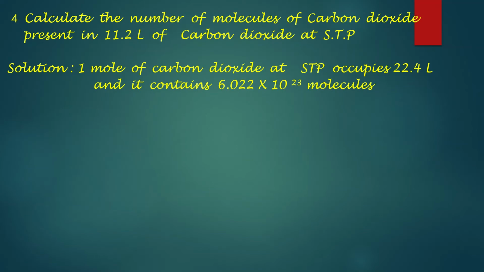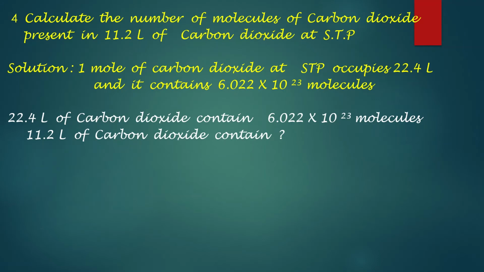Now if you consider 1 mole of carbon dioxide at STP, that also occupies 22.4 liter, and it contains 6.022 × 10^23 carbon dioxide molecules. So you know that 22.4 liter of carbon dioxide contains 6.022 × 10^23 carbon dioxide molecules.